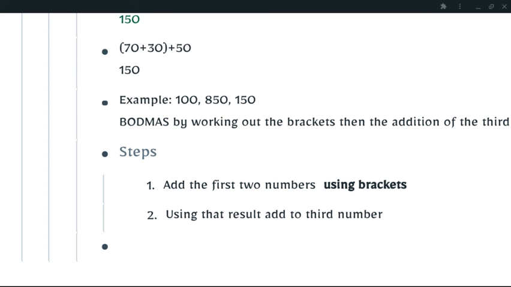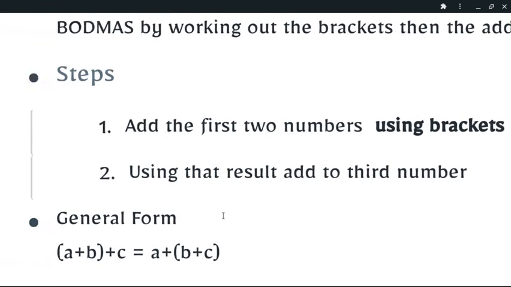So we can come up with a general form to describe the associative law. Let's just use A, B, and C instead of numbers. We're going to say A plus B plus C is equal to A plus B plus C with the brackets grouped differently. Look at this for me.